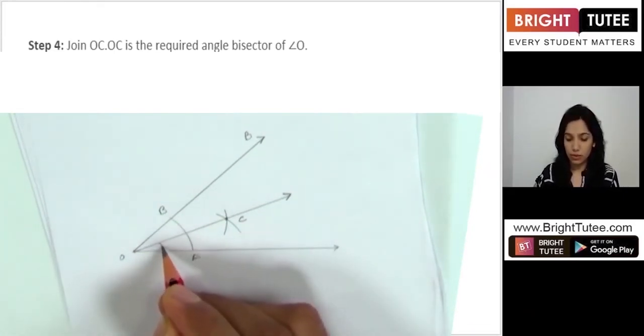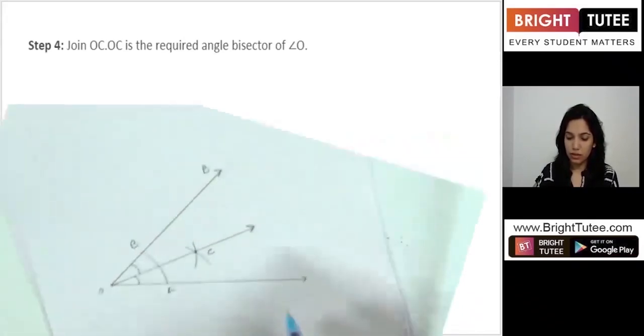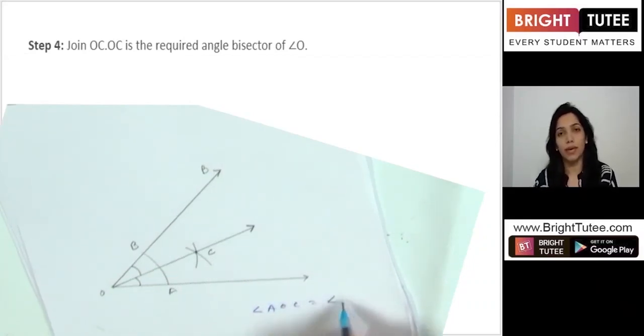So we can also say that angle BOC is equal to angle AOC, or we can say COA. Clear?